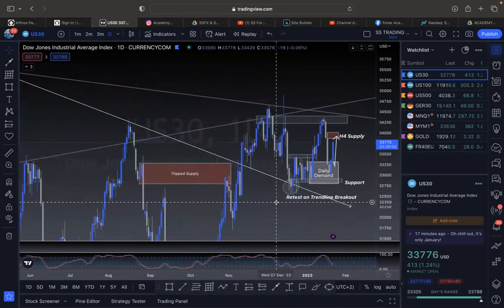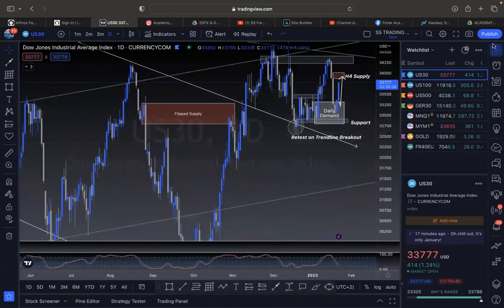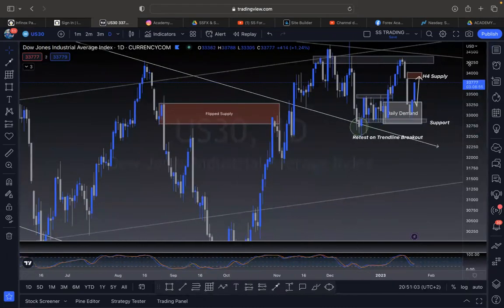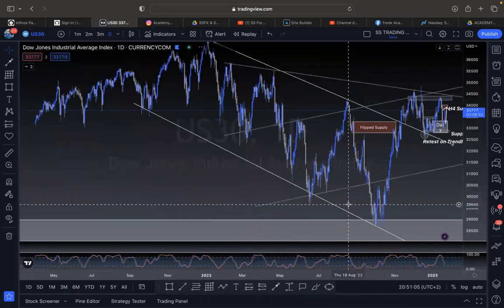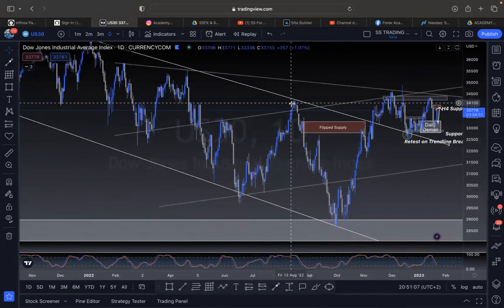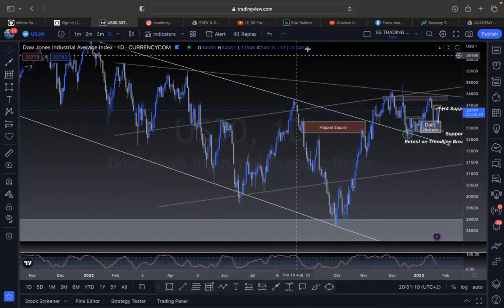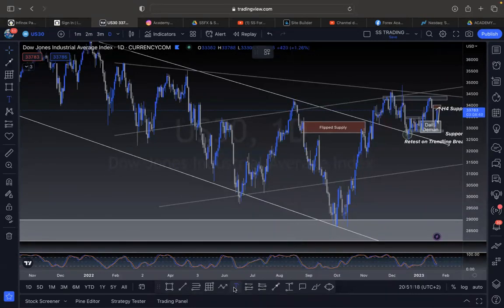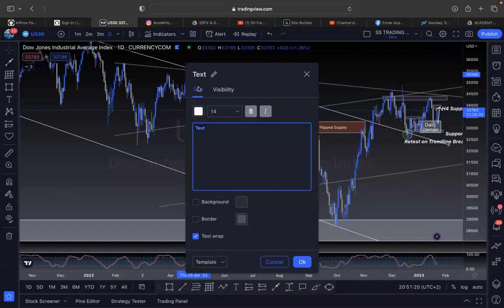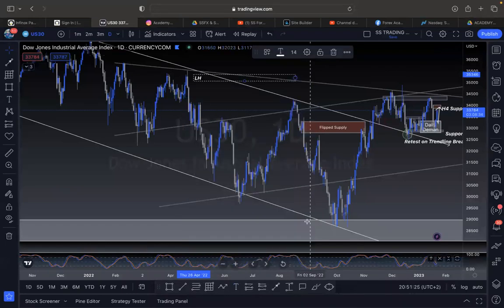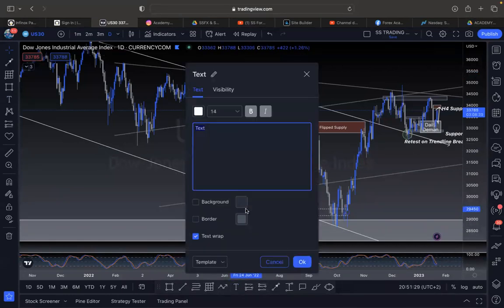Okay. So how do we know we are bullish on the major structure on US30? It's because we took out the last previous high, which was up here, right? So we took out the last major high, the lower high. So if you mark out your structure, that was our last lower high. This is the lower low.